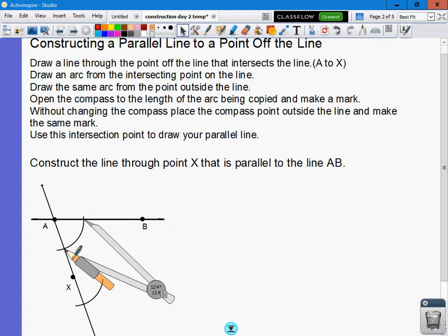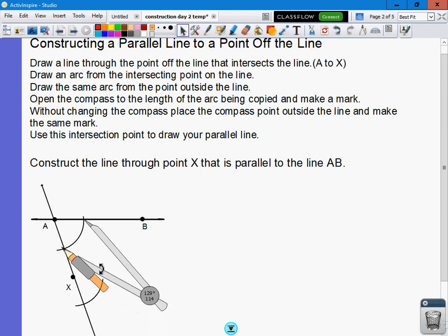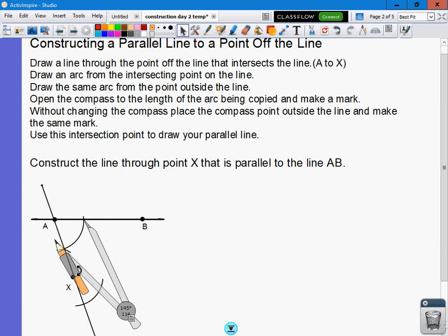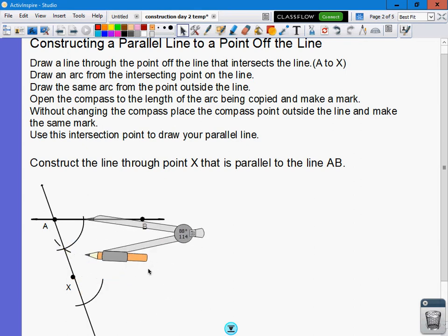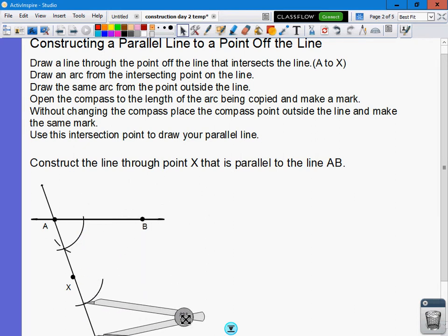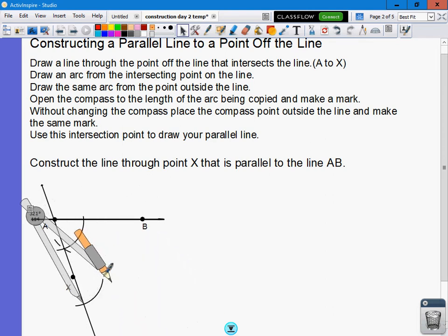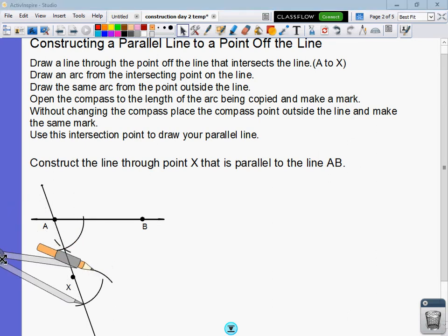In fact, I'm going to put a little construction mark there so we can see it. Right? We're going to pick it up, without changing the setting, and set it on the other arc. And again, without changing that setting, we're going to make another arc.